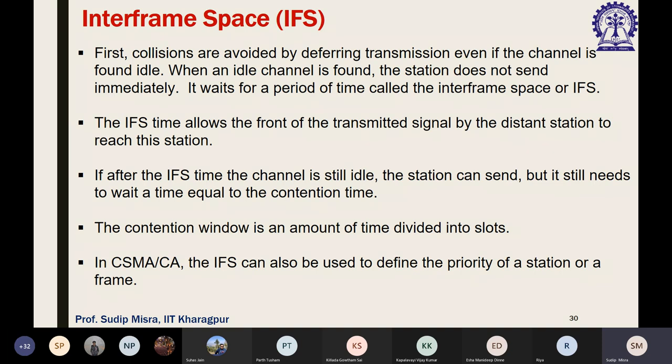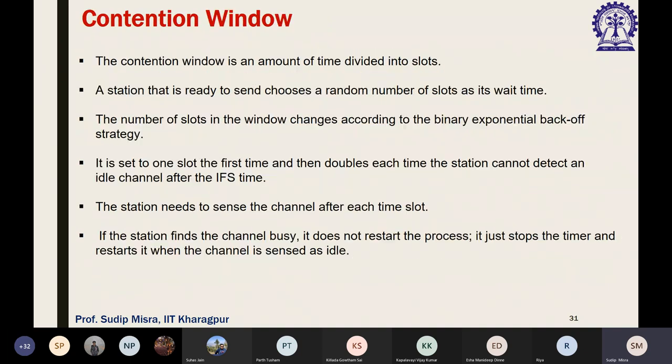This IFS comes in different flavors: DIFS, SIFS (short interframe sequence), the DCF interframe sequence, and so on. So the IFS duration is the time that the station waits before it attempts to send the frame.